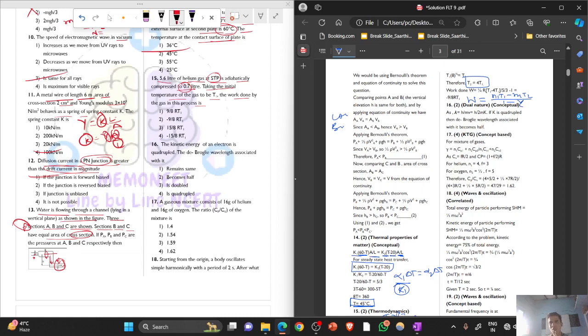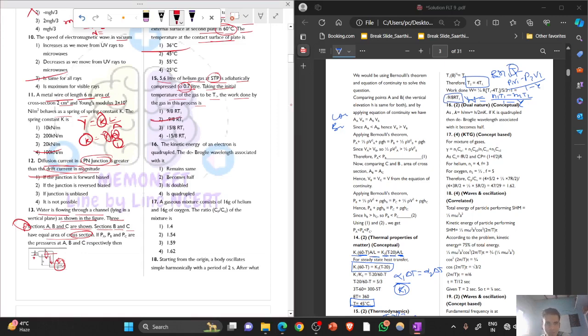You can use this in terms of nRT, or P1 V1 minus P2 V2 by 1 minus gamma. You can use this formula by putting P1 V1 as n R T1 and P2 V2 as n R T2. Putting all these values, you can calculate the work done in terms of T1. It will come out to be minus 9 by 8 R T1. That will be option number 2.